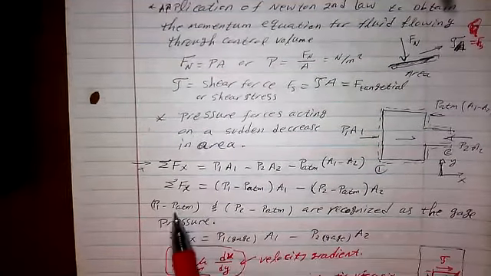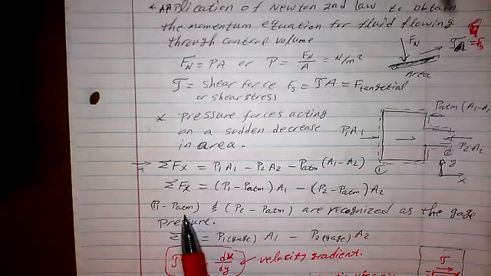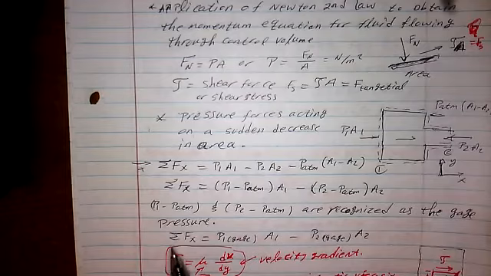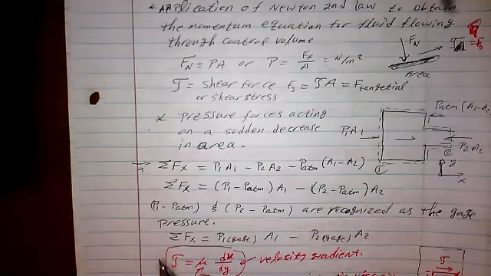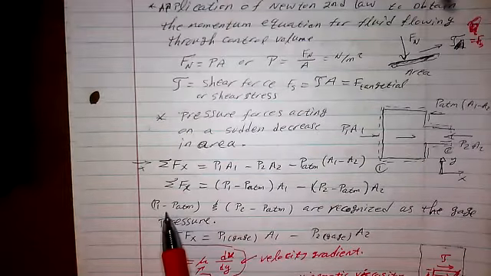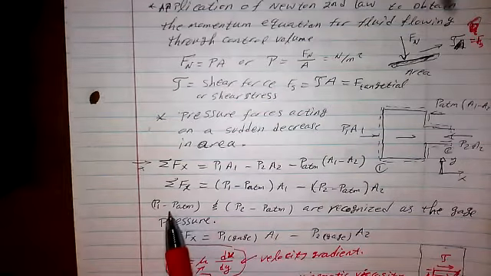We know that P1 minus atmospheric pressure and P2 minus atmospheric pressure are recognized as the gauge pressure. Remember, the total pressure is always equal to gauge pressure plus atmospheric pressure. So P1, the total pressure, minus atmospheric pressure, we call the gauge pressure.